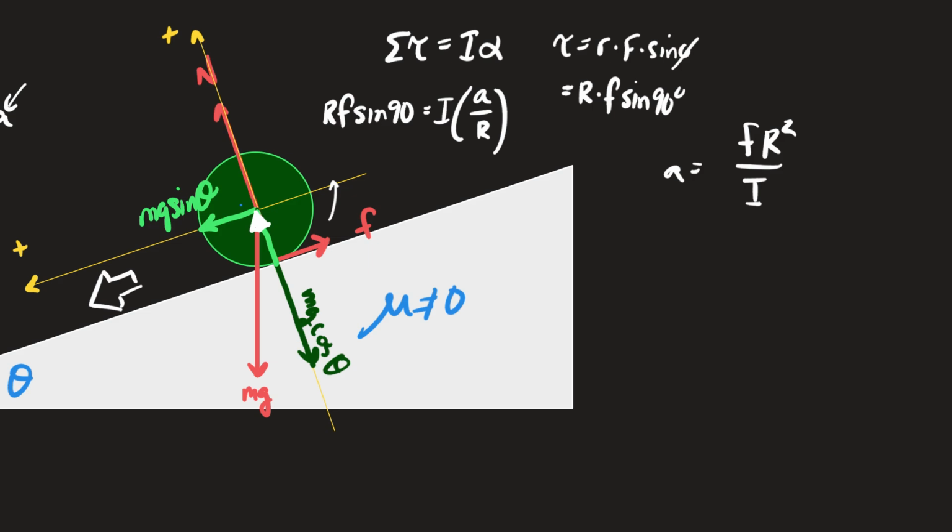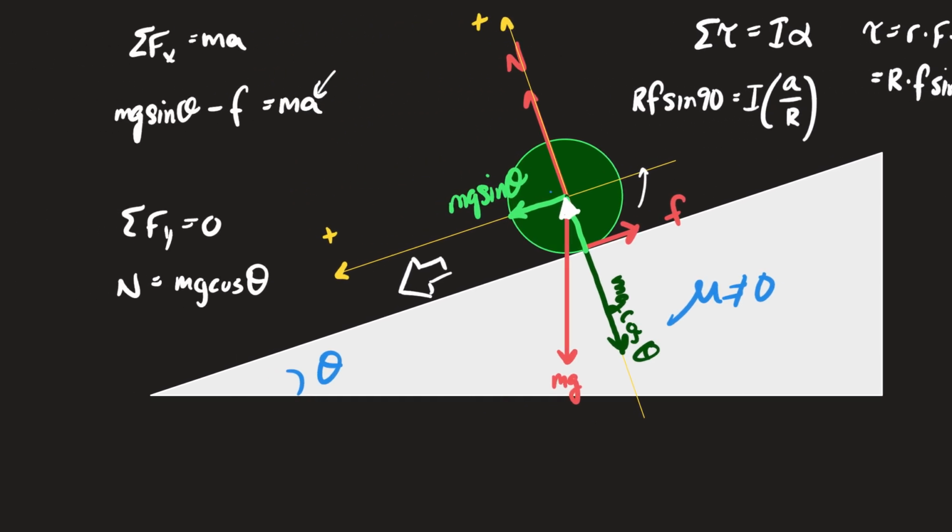Alrighty. So now I'm just going to go ahead and grab this because we're going to use it. Mg sine theta minus F equals Ma.